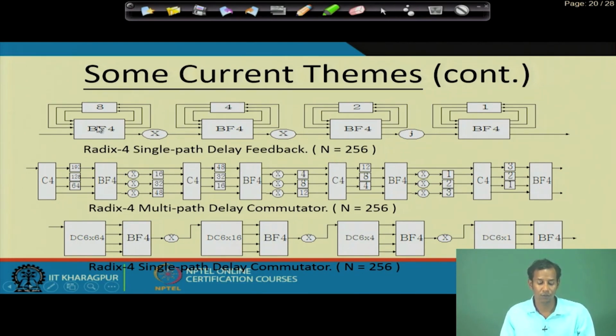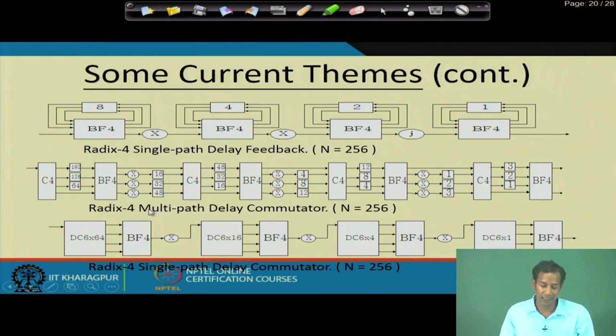Here we have the butterfly unit of 4, which runs in the loop 8 times, then in the next stage 4 times, in the third 2 times, and 1 time in the final stage.